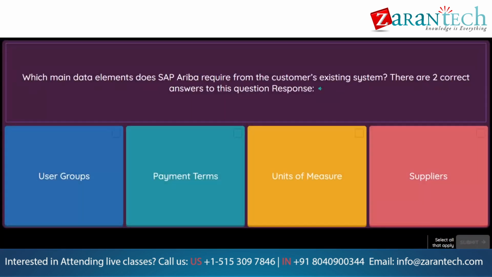Question: which main data elements does SAP Ariba require from the customer's existing system? There are 2 correct answers to this question. Response: Option 1 user groups. Option 2 payment terms. Option 3 units of measure. Option 4 suppliers.